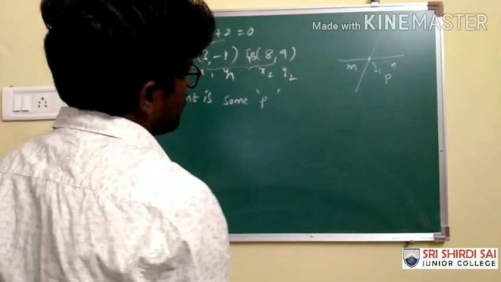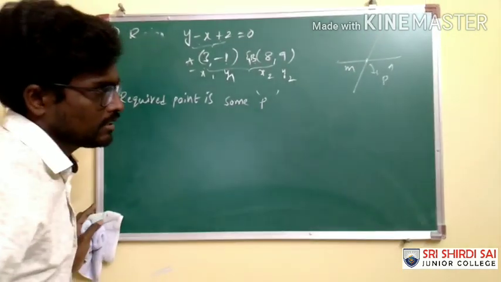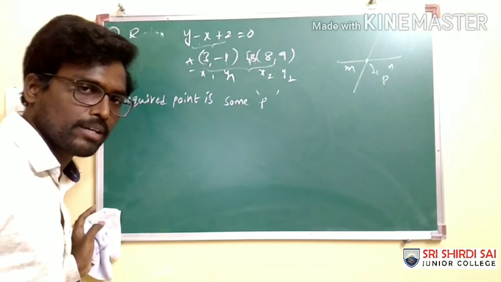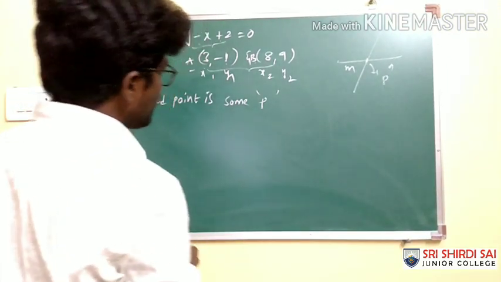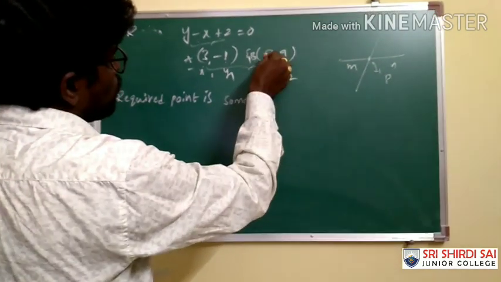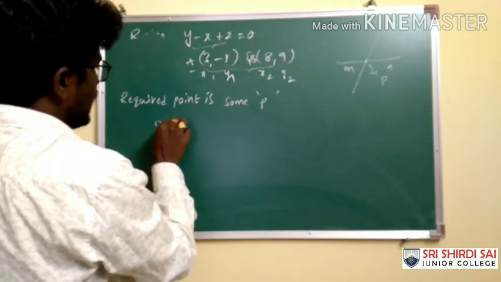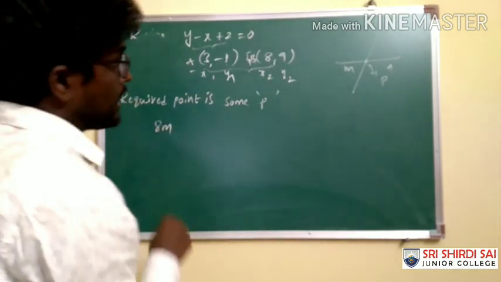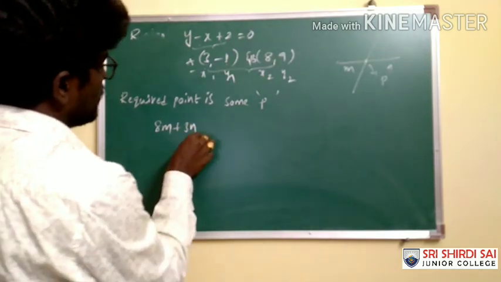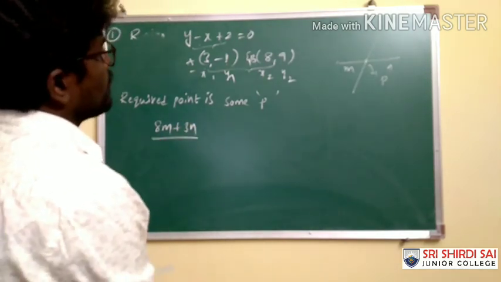What is the formula to get the coordinates of P? It is mx2 plus nx1 by m plus n, and my2 plus ny1 by m plus n. mx2 means m into 8, that is 8m, plus nx1, that is 3n, by m plus n.